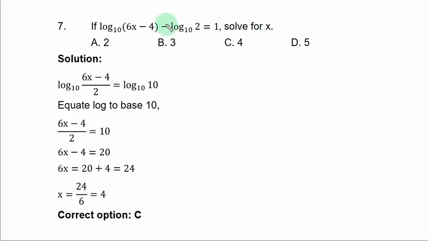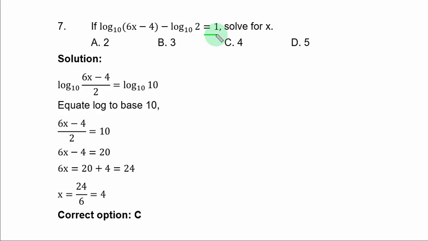Question 7. If log (6s minus 4) base 10 minus log 2 base 10 is equal to 1, solve for s. In the left hand side, you can apply subtraction law of logarithm. That means you divide the numbers.